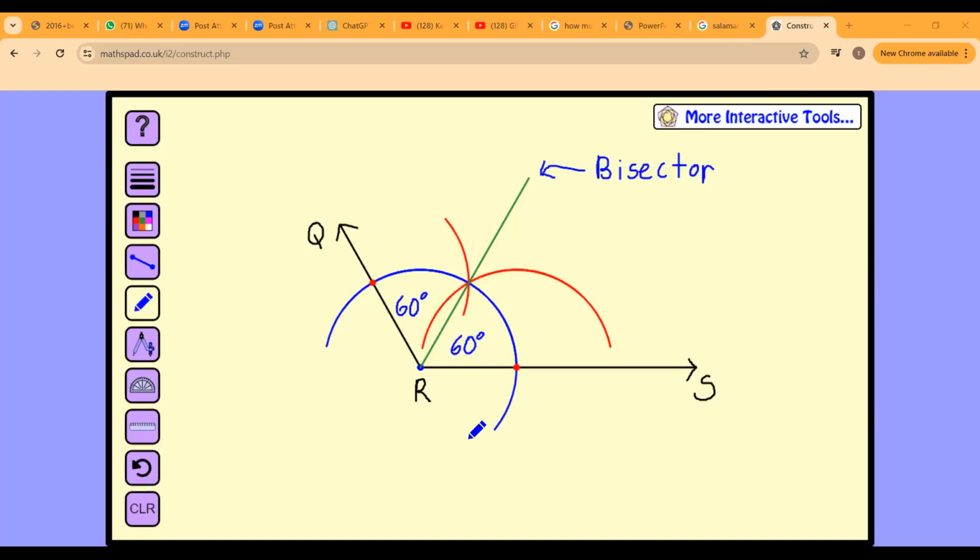Aliana, do you understand how we bisected it? Where's Aliana? Ashane? Where's Ashane? I'm not hearing from Ashane. Where's Joseph? Joseph, do you understand how we bisected this angle? Oh, yeah, sure. That's good. Where's your sister?